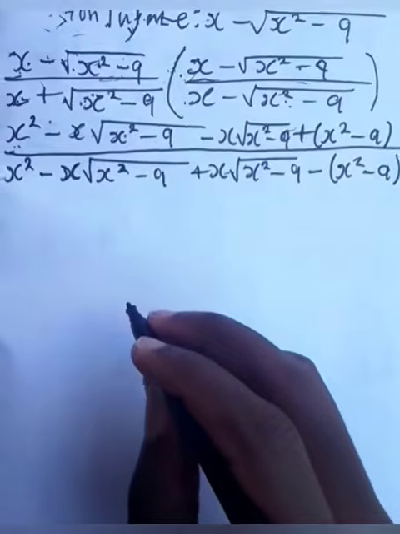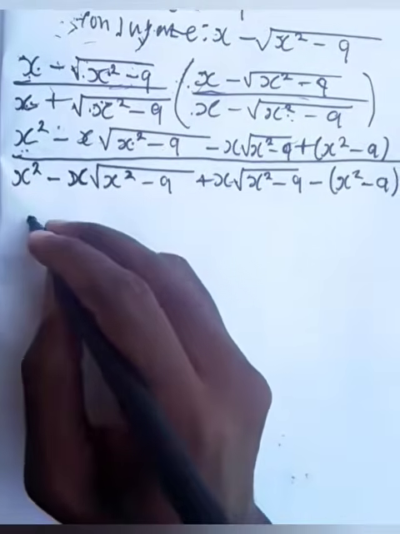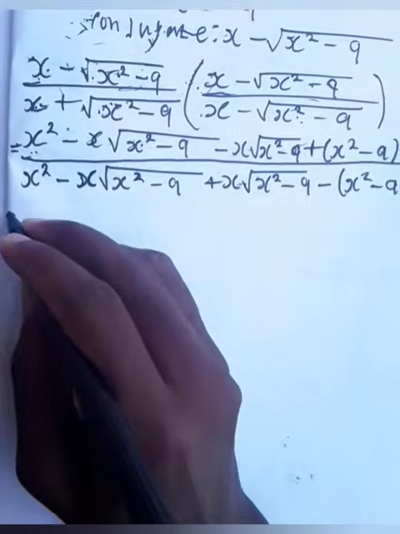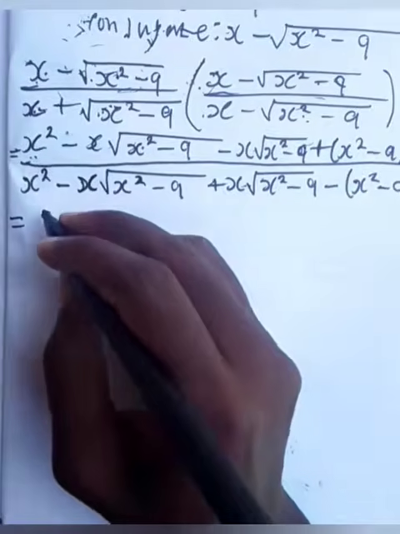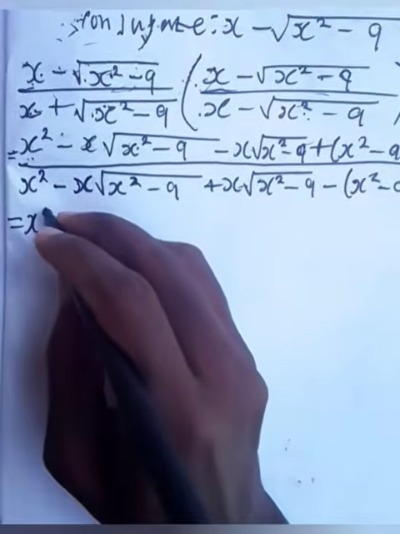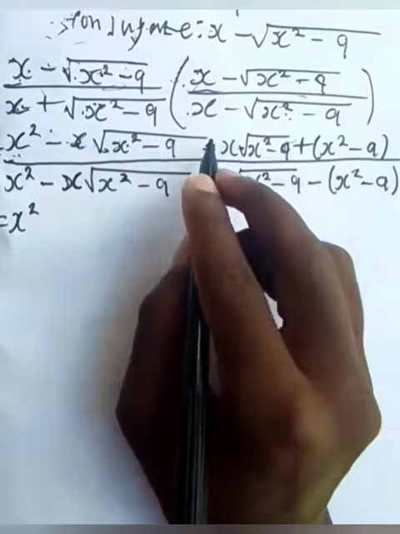Right? So let's see what we can simplify. Let's start with the numerator. Let me put an equal sign here. With the numerator, let me first write x power 2. Then you know that these are similar things, they can be added.